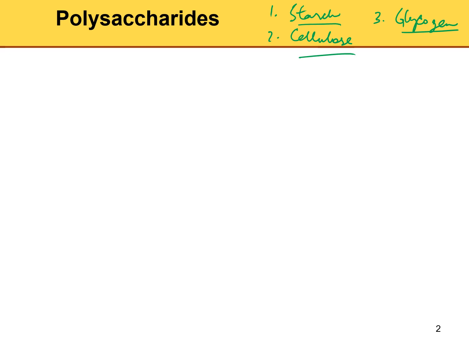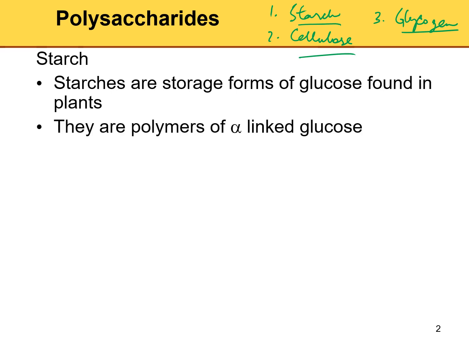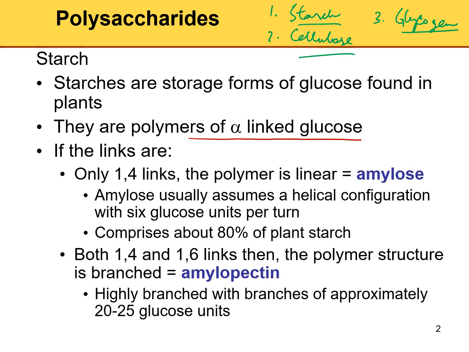All right. So moving on, the first one we'll talk about is starch. Starch is of course the storage form of glucose found in plants normally. What is important to remember is that they are polymers of alpha-linked glucose, and as we'll see, there are two kinds. You can have 1,4 linkage, and if you recall, this was coming from maltose.